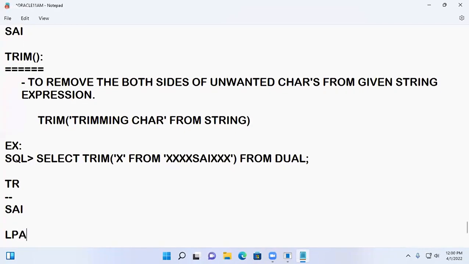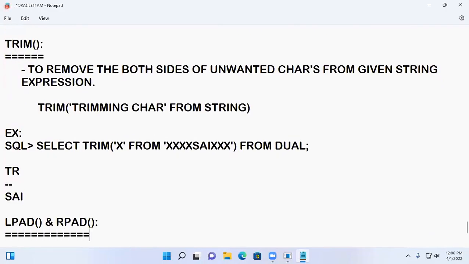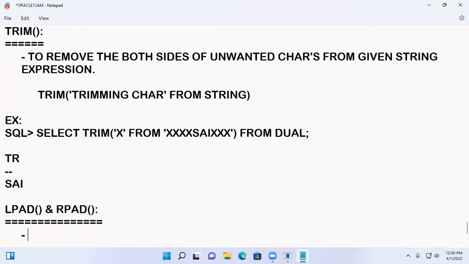And the next functions are L padding and R padding. So in this L pad and R pad, what is that padding means? Here observe.